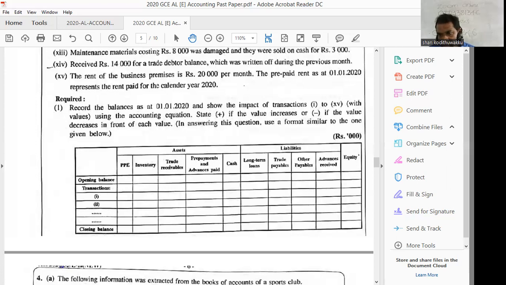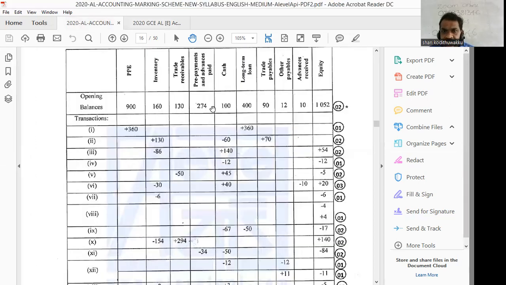Therefore, at the beginning, we have indicated prepayments and advances paid 274. No? In this 274, prepaid rent was 240 and the other 34 will be salary advance. That is also an asset, current assets.